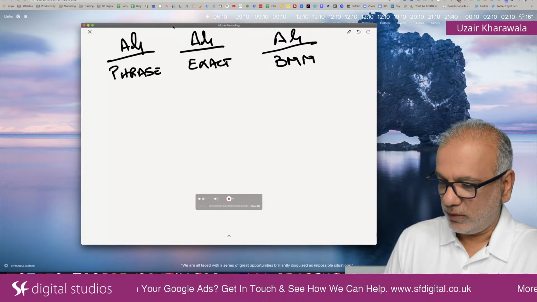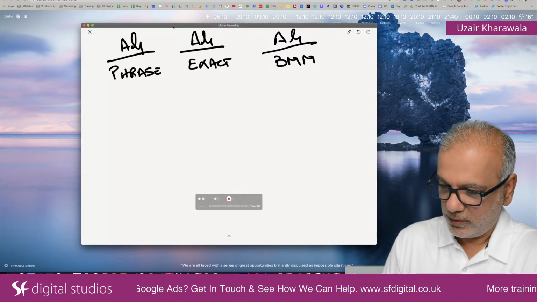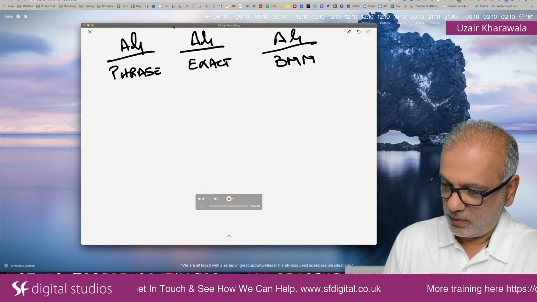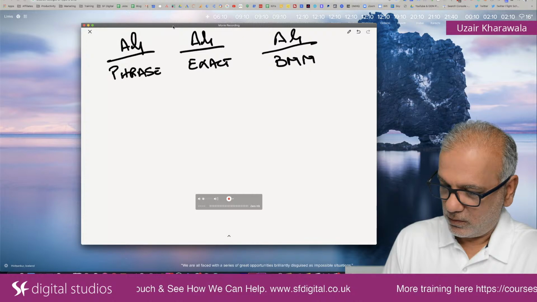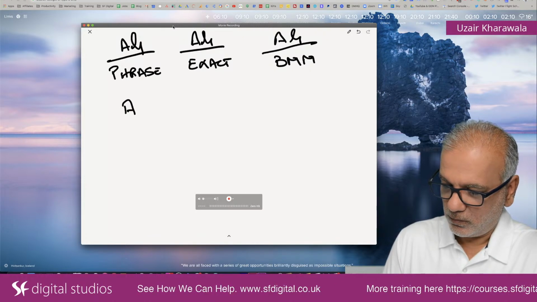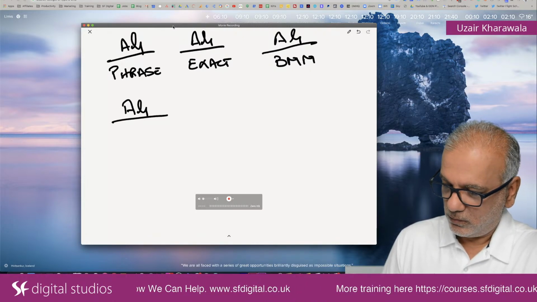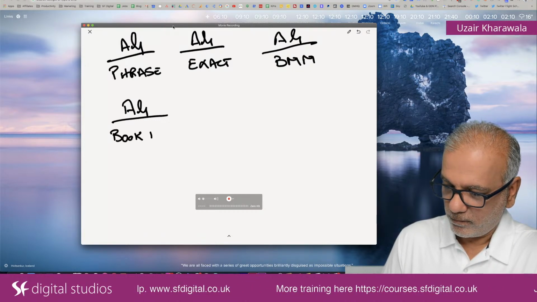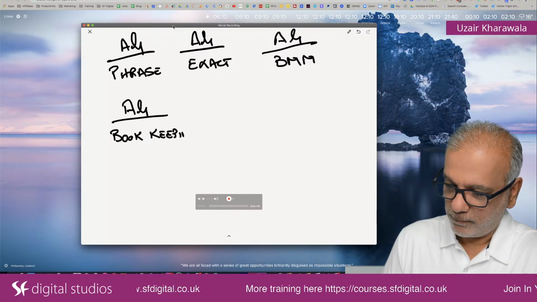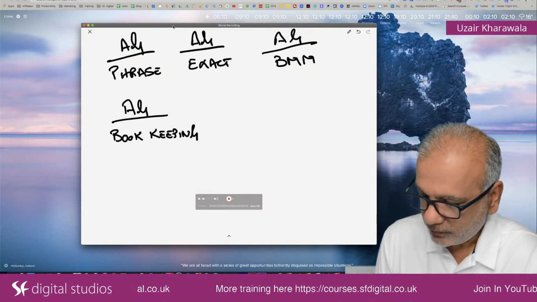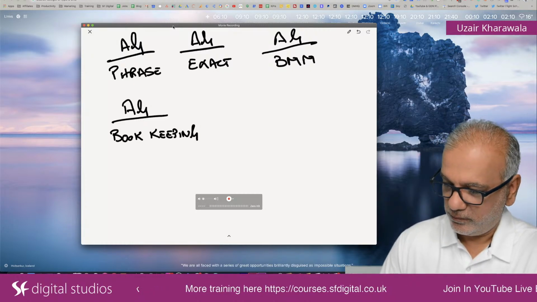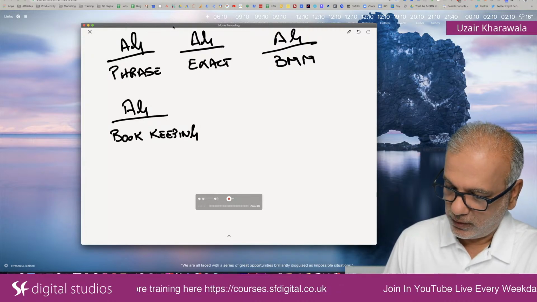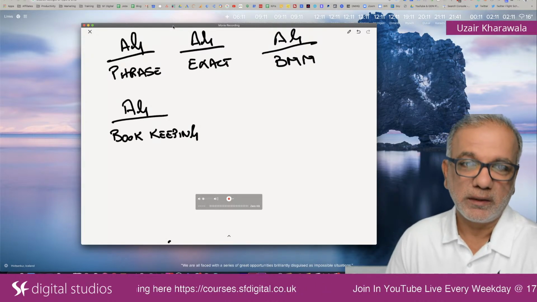structure your account. So the way we structure our account is, let me give you an example. Let's say bookkeeping is my keyword, right? So we will have an ad group, and the naming convention, as I always say, keep it consistent as well.